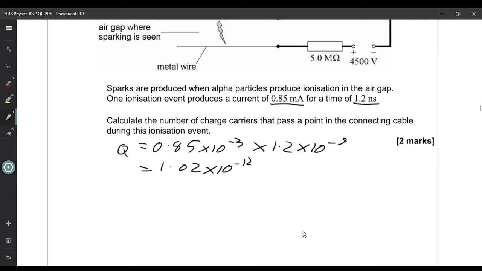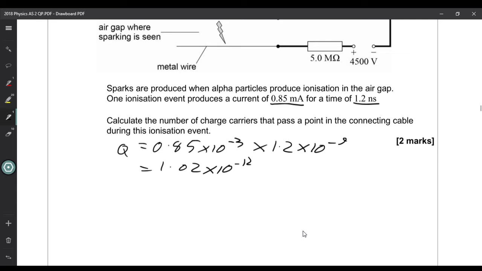So N is, we know the total amount of charge carried. Now we know the charge on each ion is going to be 1.6 times 10 to the minus 19. So all we need to do is divide the total amount of charge transferred by the amount of charge that each ion carries.